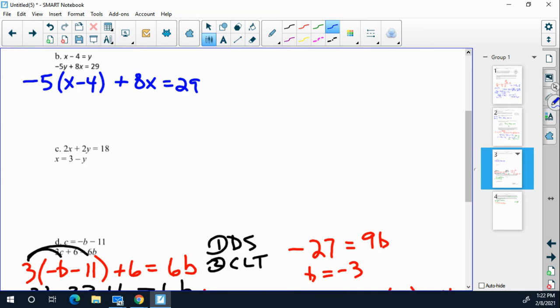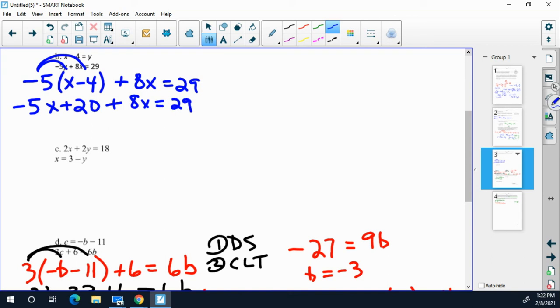Okay, make sure you don't forget anything. So now we distribute. -5 times X is -5X, good. -5 times a -4 is 20, very good, 20. Automatically go to that positive. Plus 8X equals 29.